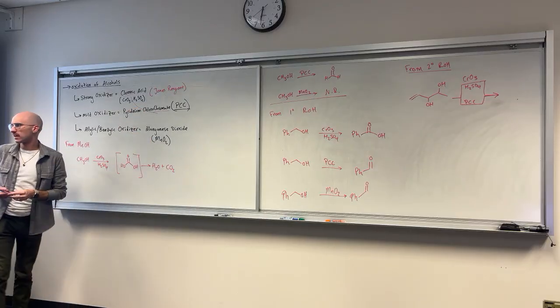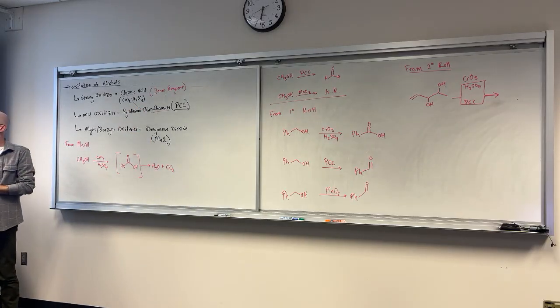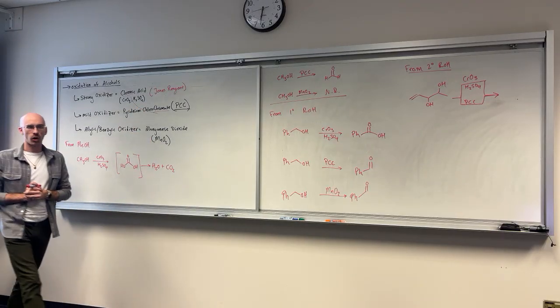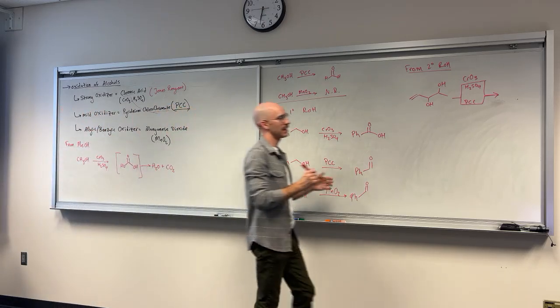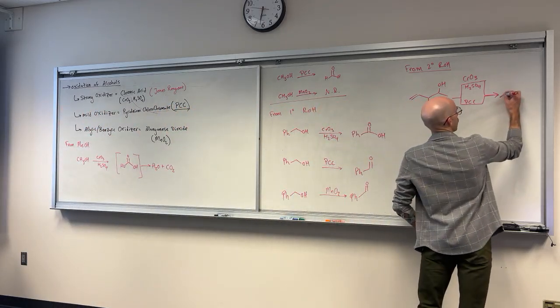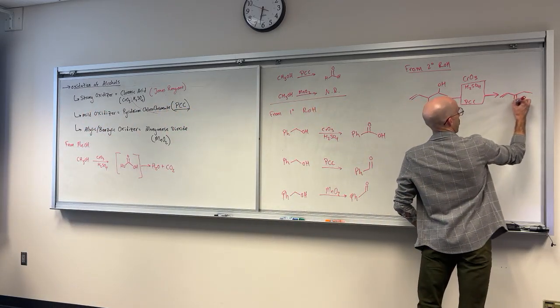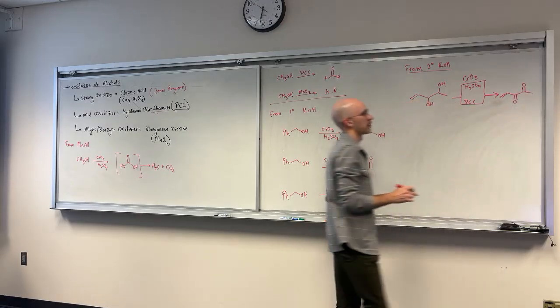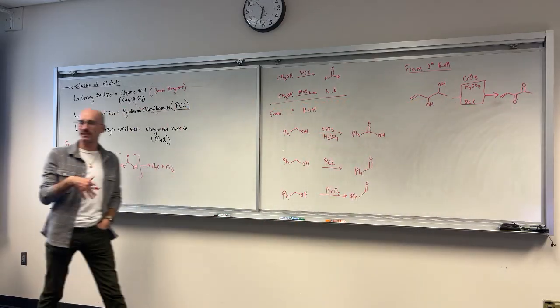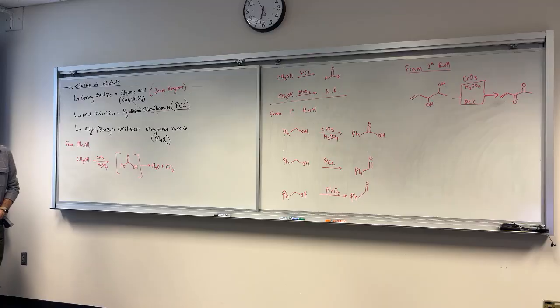Both of these are secondary alcohols. Chromic acid, despite being strong, it's not going to break any of these bonds. So chromic acid takes both secondary alcohols into ketones. PCC takes both secondary alcohols into ketones.